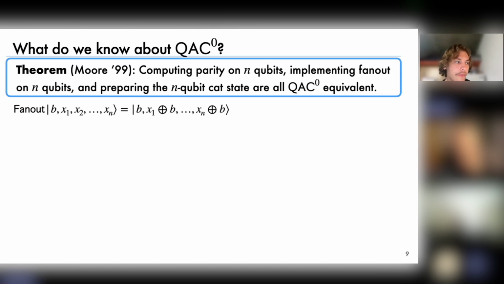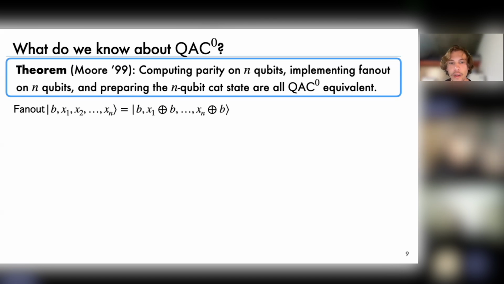So like I said, classically fan-out is this thing. It's not really an operation. It's just taking the result of a gate's evaluation and plugging it into some large number of gates further down in your circuit. And so quantumly, we can't really copy information. And in particular, we need for things to be reversible. So we define this quantum fan-out operation as taking a bit and simultaneously XORing it onto n other registers.